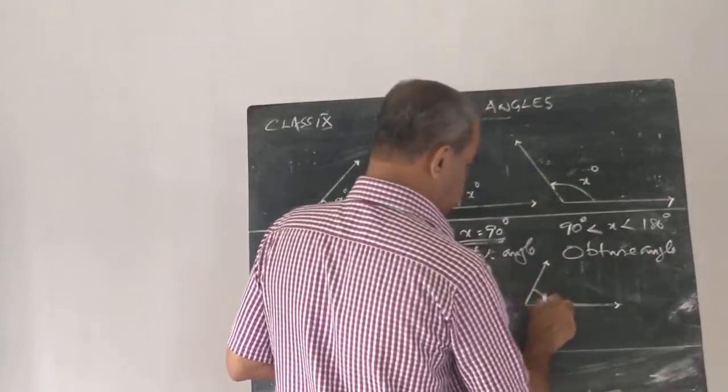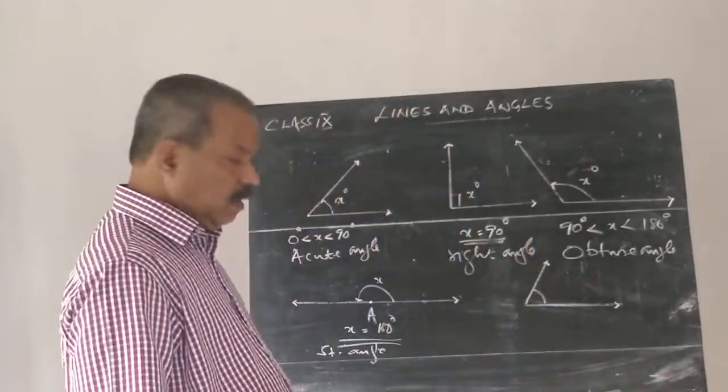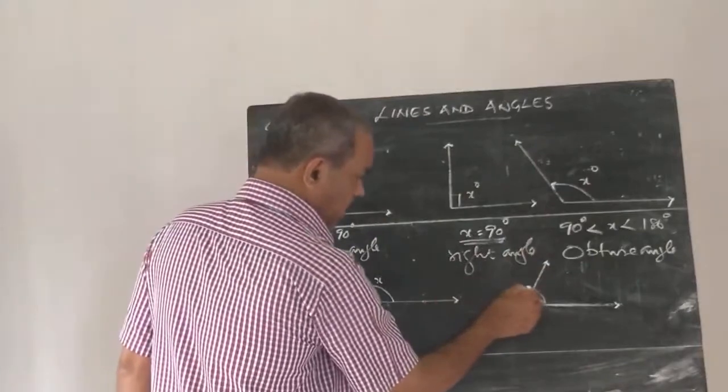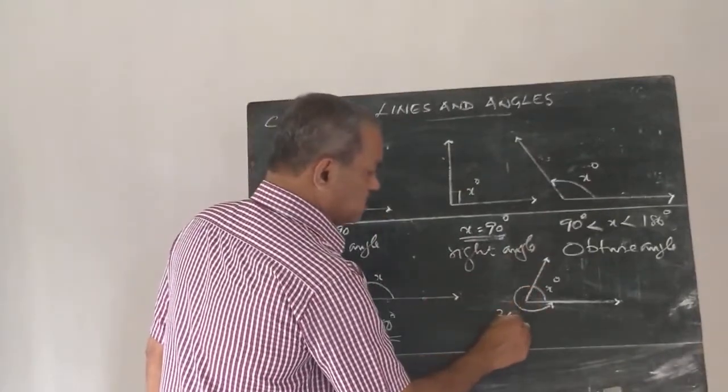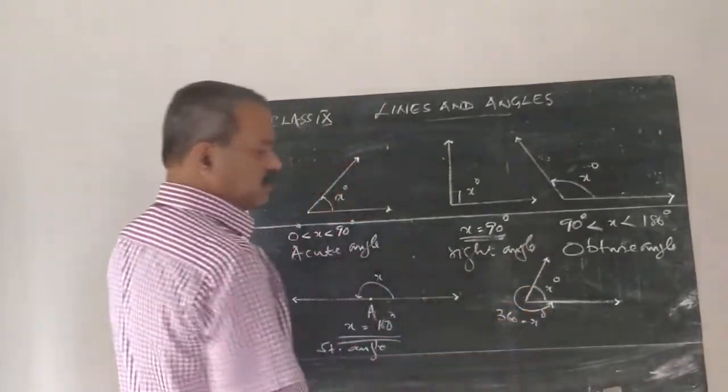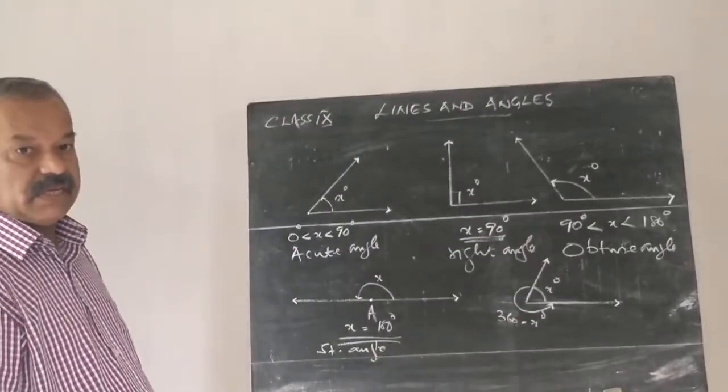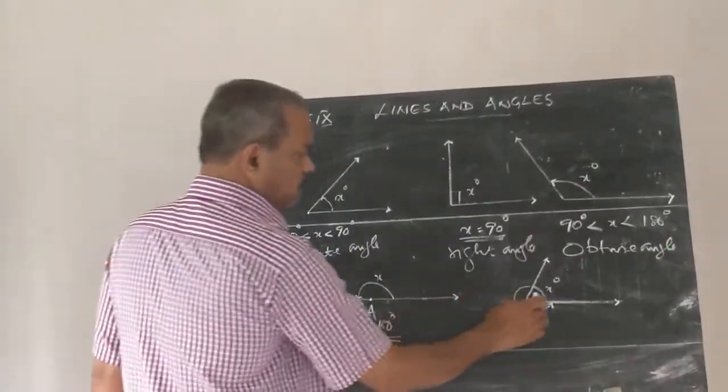Here this angle is an acute angle x, and here we have this angle, 360 minus x degrees.